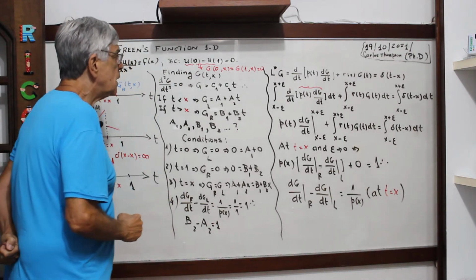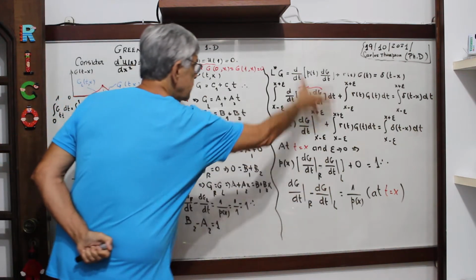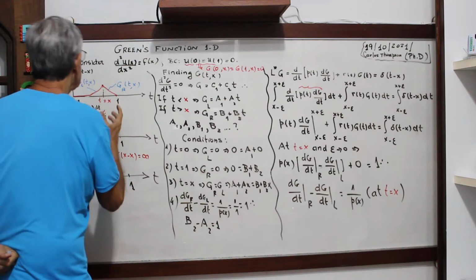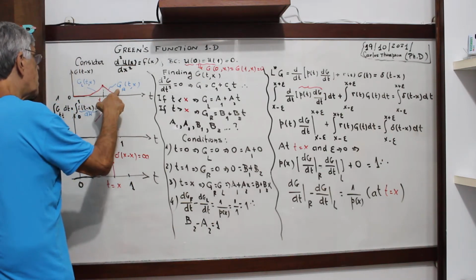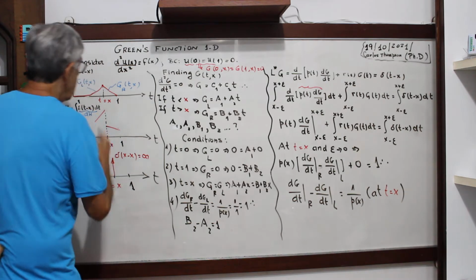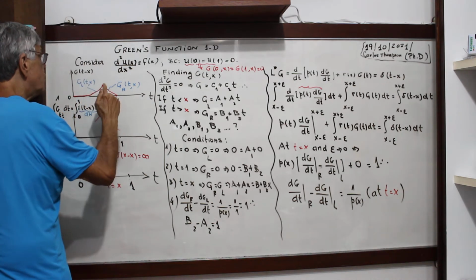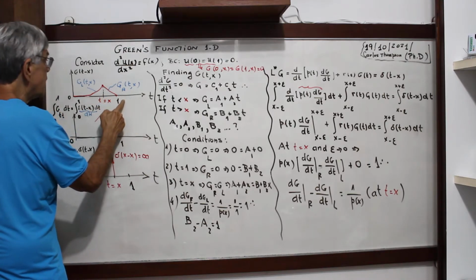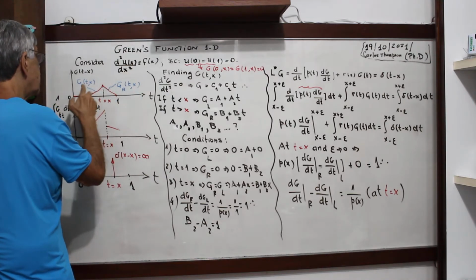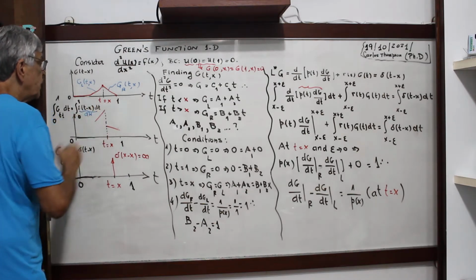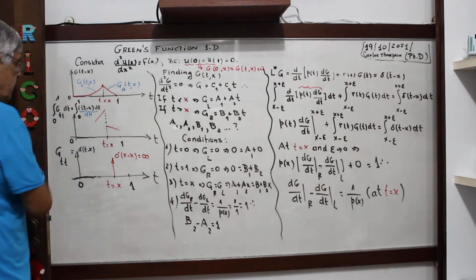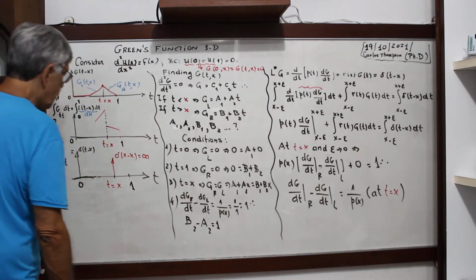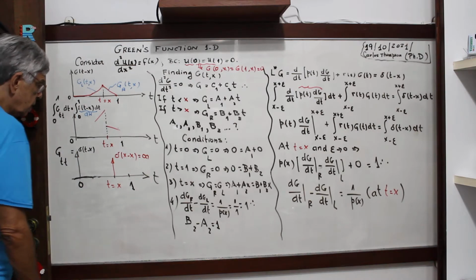Now, these are what I did before, okay, no problem. Now, I want to solve for G sub R and G sub L. You see, the behavior of G for t greater than x is different from the behavior of G for t less than x, because of this discontinuity and because of the Dirac delta.